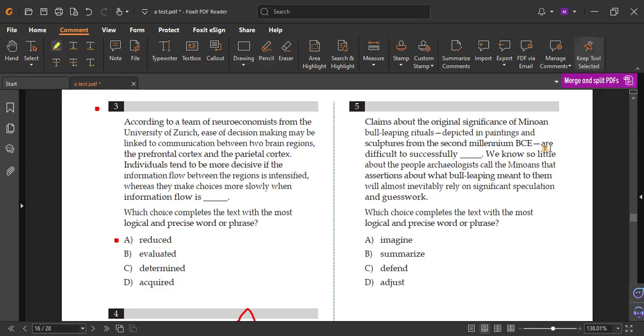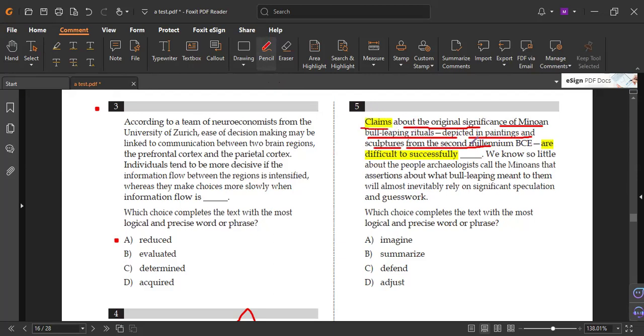It says here "are difficult to" what? What are difficult to successfully do something? The claims. That is a trap. Here we have "are difficult to successfully." What are? So you must find the subject. To find the subject of the sentence, you must delete all the phrases. Here, preposition phrase, delete; preposition phrase, delete; preposition phrase, delete. Do you find it? Between two dashes is already non-essential, so you can delete.